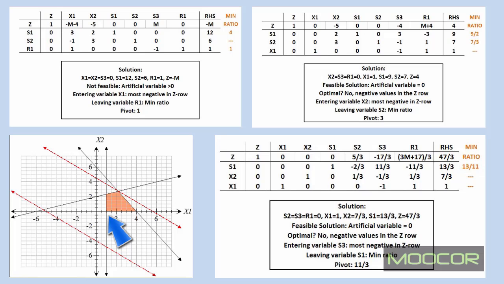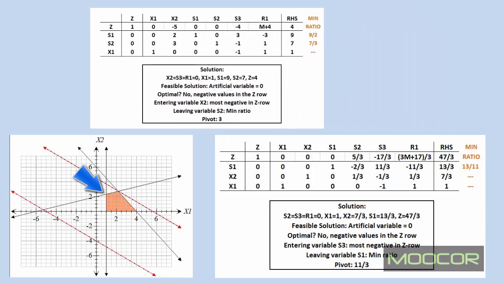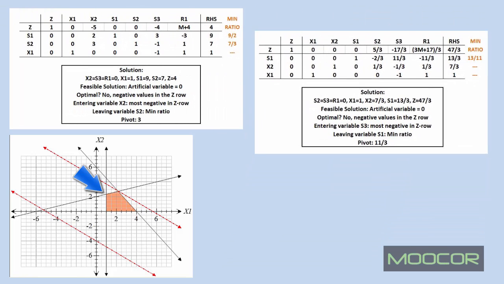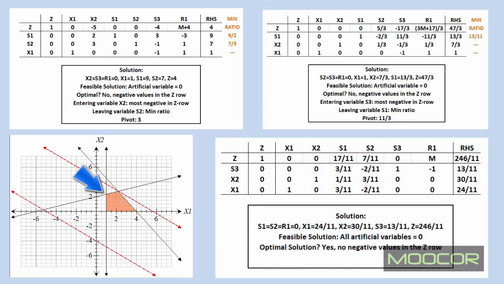Notice that the moment that artificial variables leave the basis, they will never come back into the basis. So I will perform another iteration, and this iteration is going to lead to the optimal solution of the problem, and that is S3, X2, and X1, and this solution is optimal.